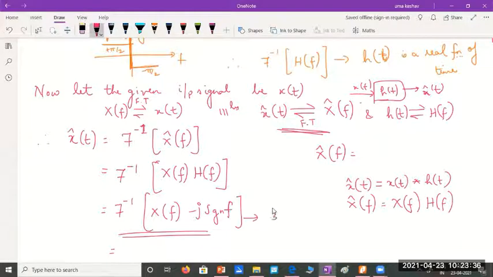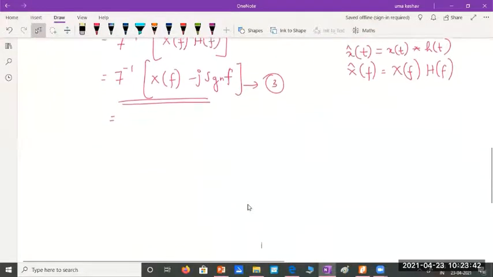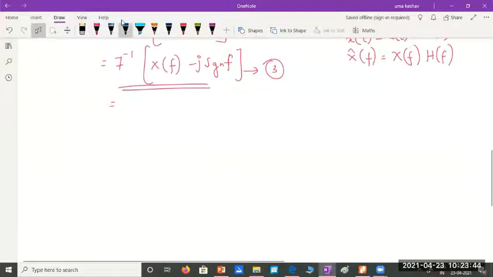Anyway, let me leave it as it is. Now, my job is to find the impulse response in the time domain.